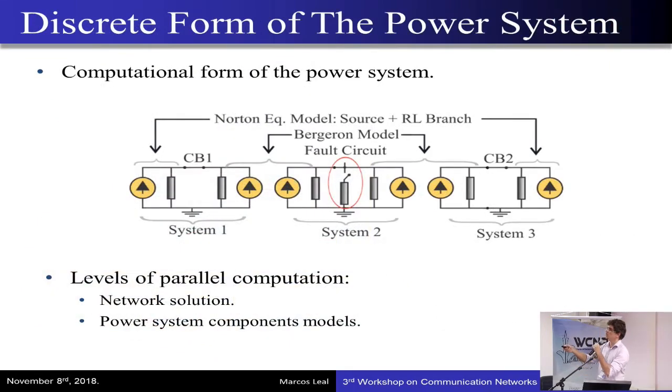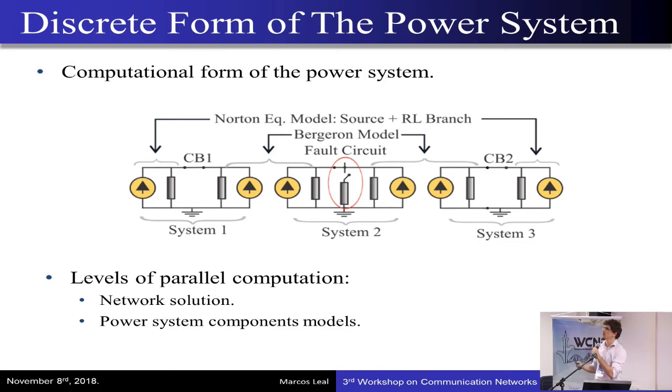Here is the computational view. We can see the system can be computed in parallel; the Bergeron model allows it. And here is the physical setup of our real-time simulator. We have the board, the signal generator, and a graphical user interface.